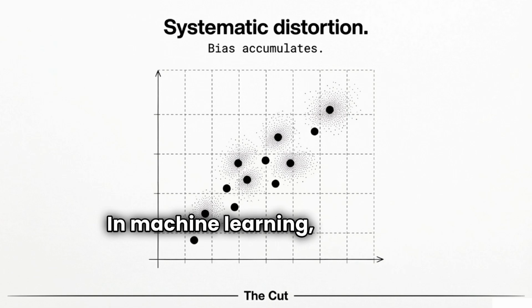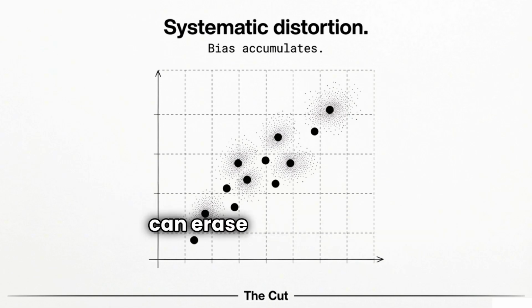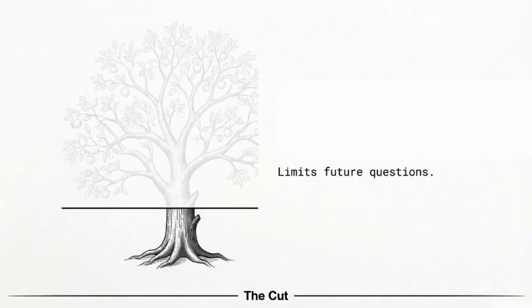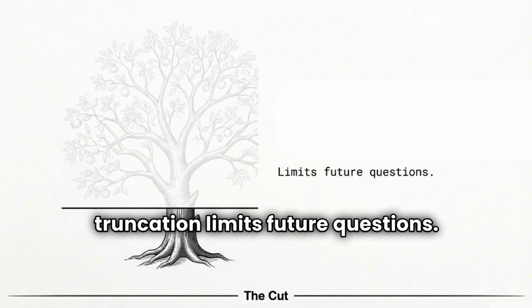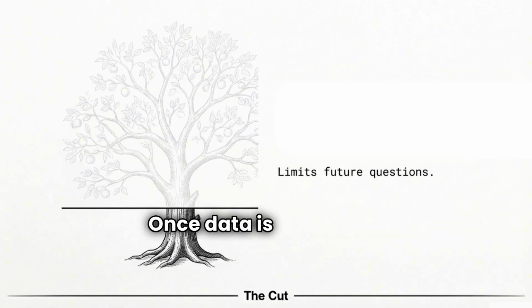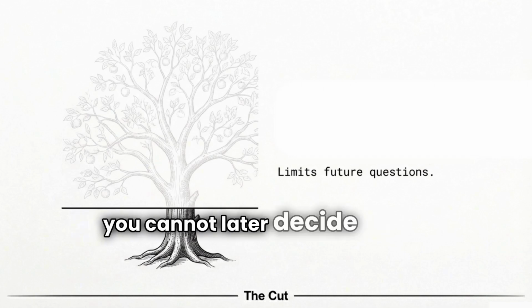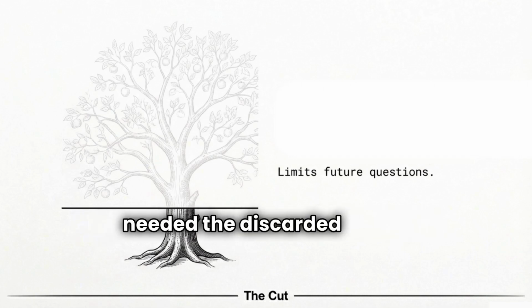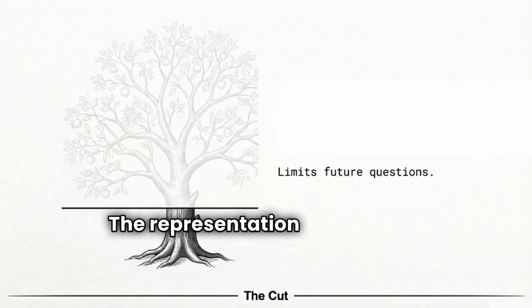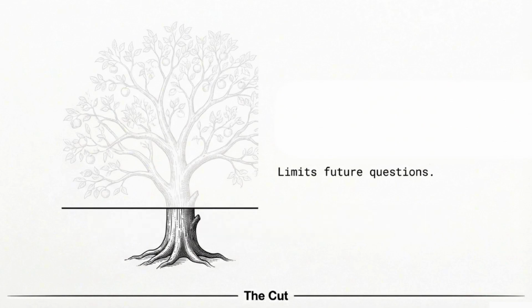In machine learning, truncation can erase weak signals that matter at scale. Features lose nuance. Models lose sensitivity. Perhaps most importantly, truncation limits future questions. Once data is truncated, you cannot later decide that you needed the discarded detail. The representation has already enforced that decision.